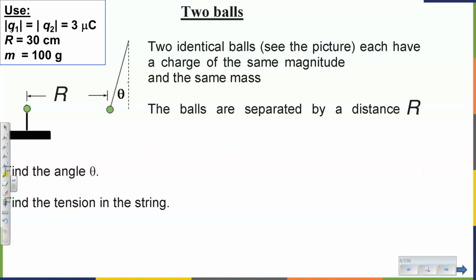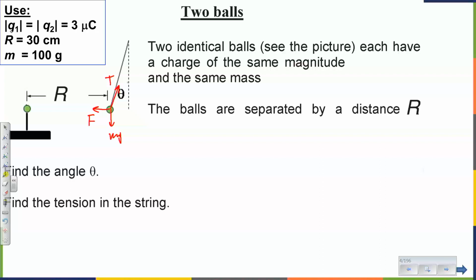And of course now we can solve this problem directly because we know how to use a free body diagram. Tension, gravity. And this force has a name, Coulomb's force, electric force, the force of electrostatic attraction in this situation.